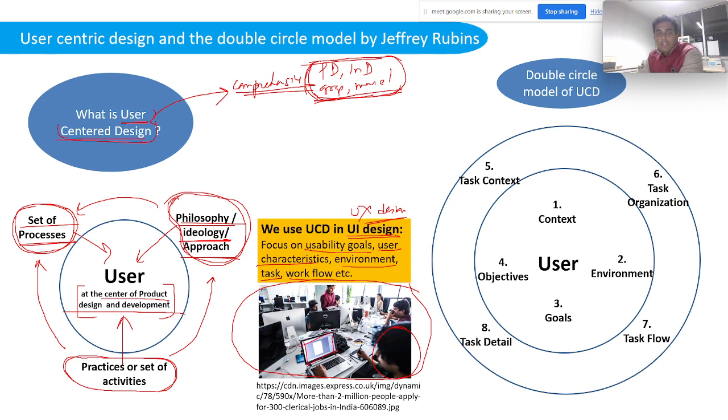In that case, in a user-centric design process, we'll try to understand the user characteristics, the environment in which he is working, the various tasks he performs, the workflow, and his usability goals and the issues he finds in his day-to-day life. By retrieving this information, we will design a solution, and that's what is called the user-centric design process.